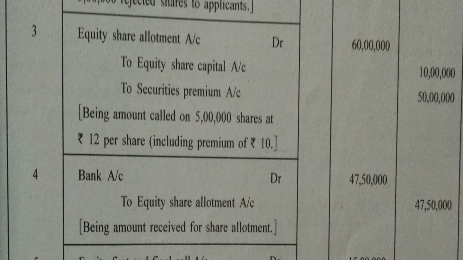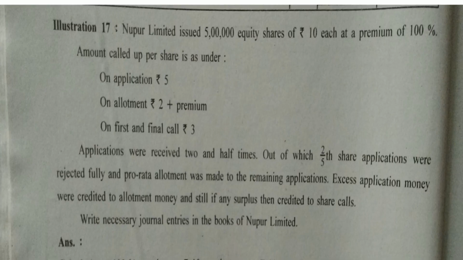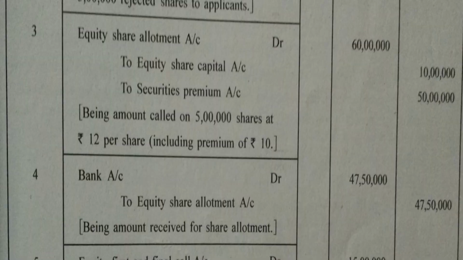Premium also becomes due. Why? Let us check the question for that. This is allotment. It is 2 plus premium. Premium is how much? 100% of 10 rupees, which is 10 rupees. So overall allotment is 12 rupees, of which 2 is share capital and 10 rupees is premium. Premium becomes due and hence it is separately credited to securities premium account.